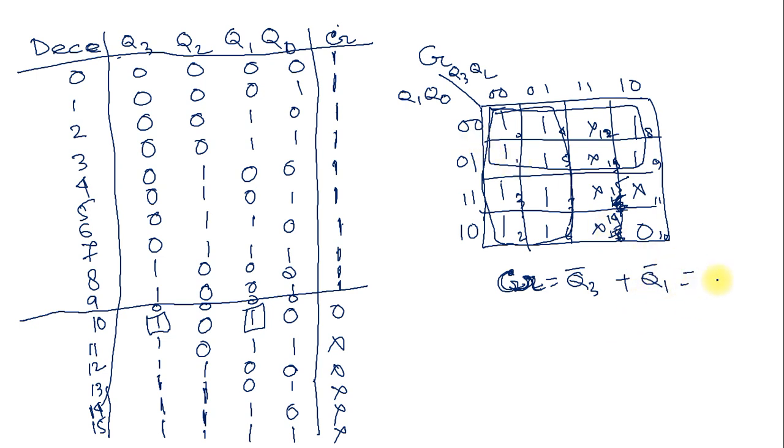From De Morgan's, we can write this as Q1 and Q3 whole complement. So the same function can be written with a NAND gate, with inputs Q1 and Q3, and the output is clear.